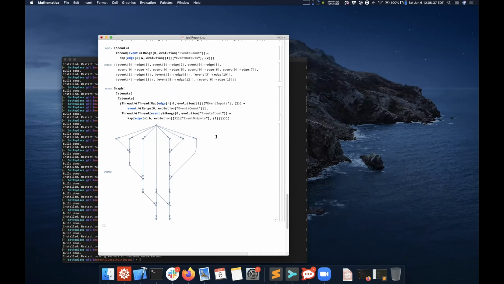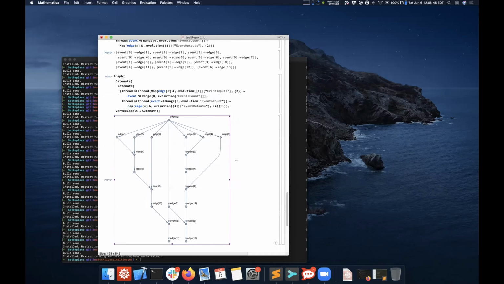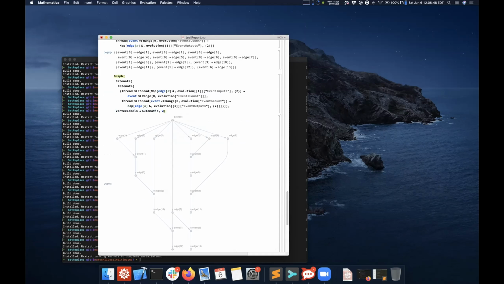Okay, what does that mean? Okay, we really need to distinguish them. Actually, hold on. Style.